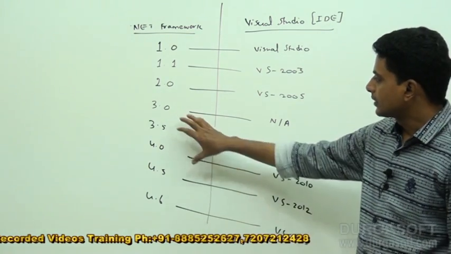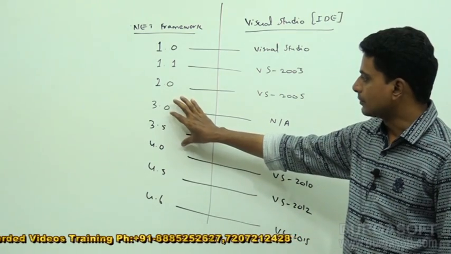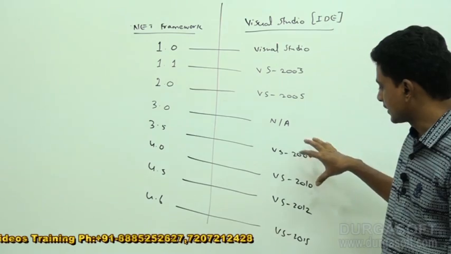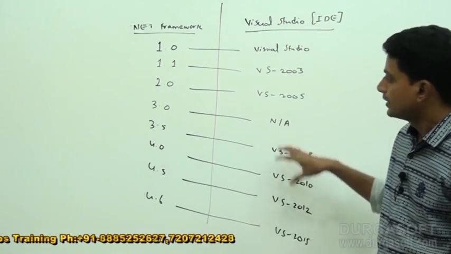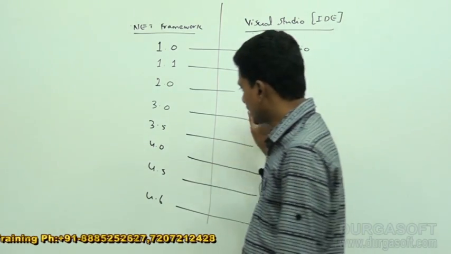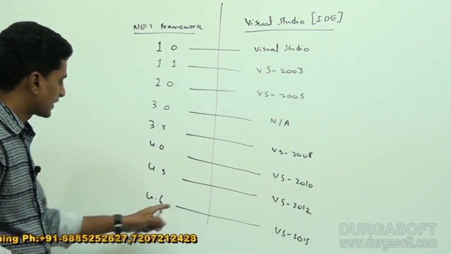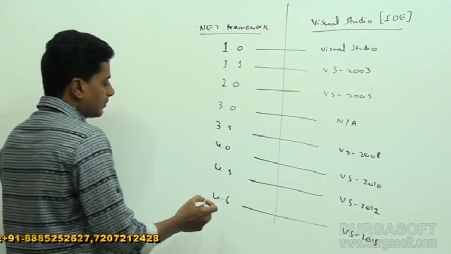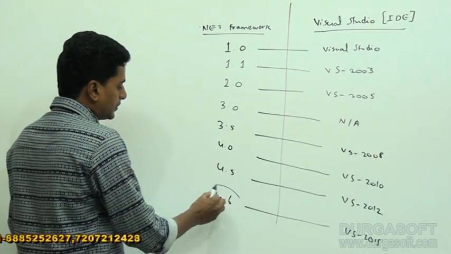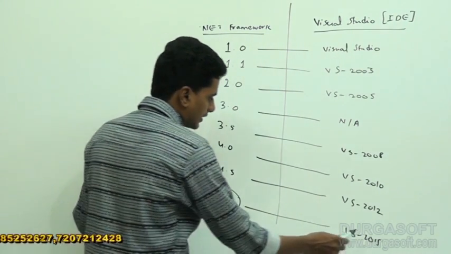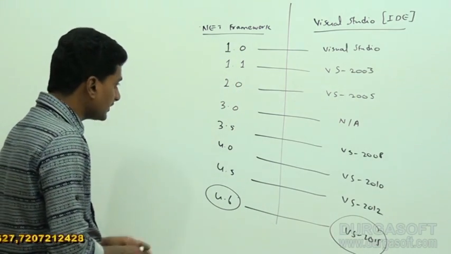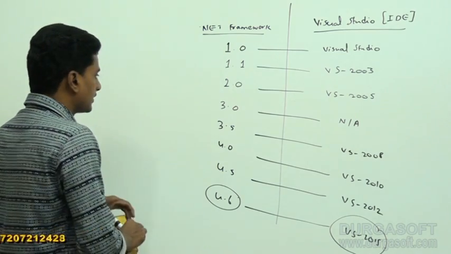The framework helps to write the code in .NET programming, and Visual Studio supports writing the code in its editor tool. So if you want to develop any application, we should use this framework, and along with it we should use the Visual Studio environment. These are the versions of .NET Framework.